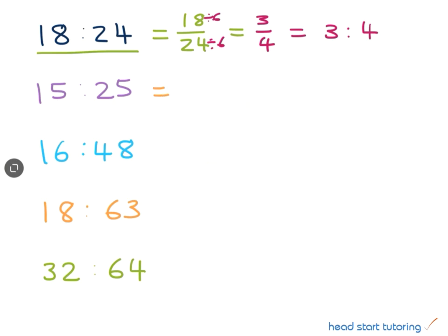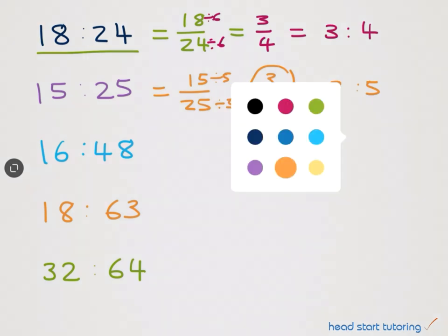Right, so 15/25 or 15 to 25 we can write as 15/25, and we can now simplify this by dividing both the numerator and the denominator by 5, and we get an answer of 3/5, and we can convert this simplified fraction now back into the ratio form to get 3 to 5.